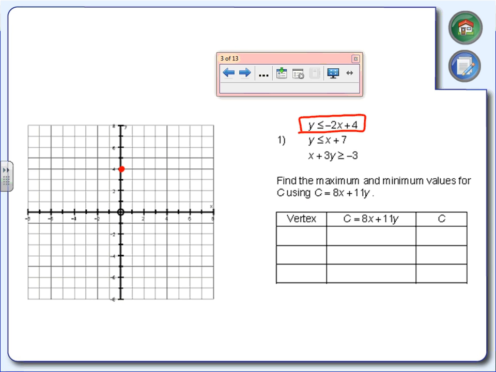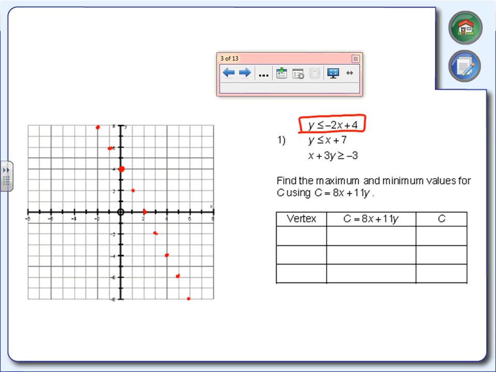Negative 2 is our slope, so we're going to go down 2, 1 to the right, down 2, 1 to the right. Now it's very important that this line is extremely accurate, especially in finding the feasible region. So we need to make sure we're extremely accurate. I'm going to go up 2 over 1, up 2 over 1. Before you connect the dots, double check, make sure you're using the right kind of line.